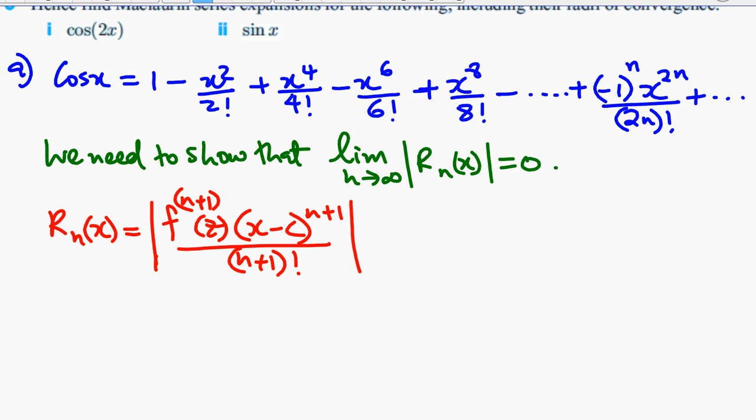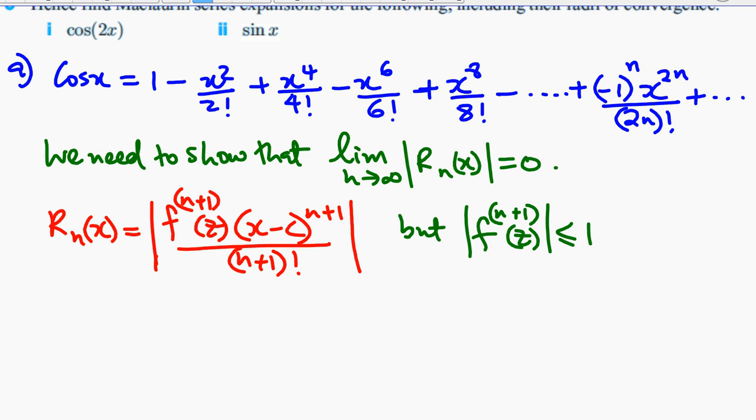And we know that for this particular series, the absolute value of the n plus 1 derivative at z will be less than or equal to 1.